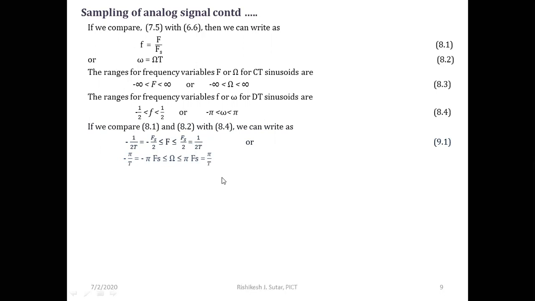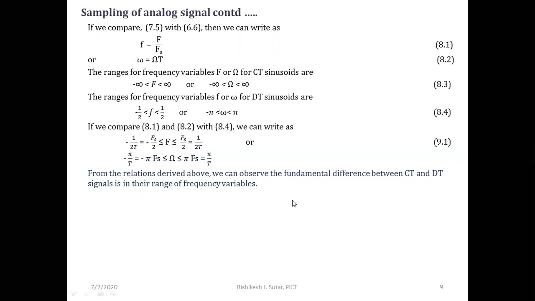Or if I talk in terms of Omega, then Omega is running from minus pi Fs to plus pi Fs. From the relations derived above, we can observe the fundamental difference between continuous time and discrete time signals in the range of frequency variables.